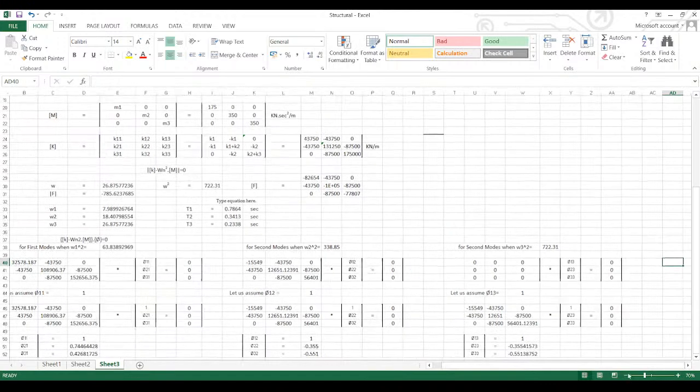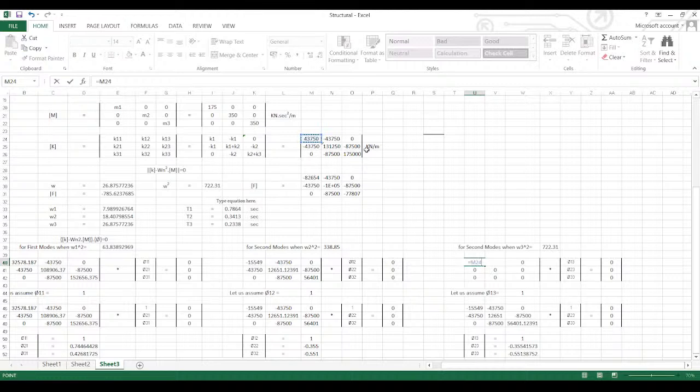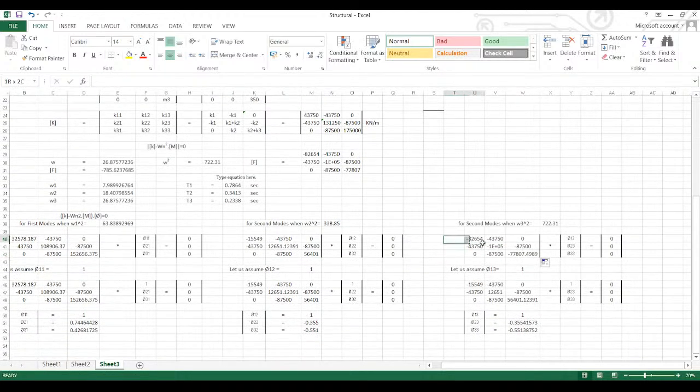Now small k is equal to k minus omega square into m, but omega square can't be changed, so use the dollar sign. Okay, okay, and okay.